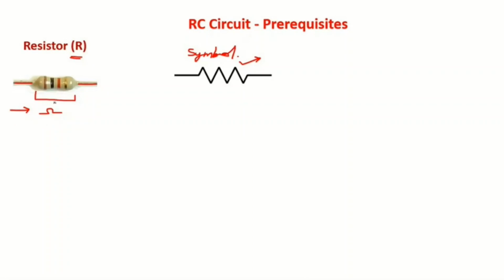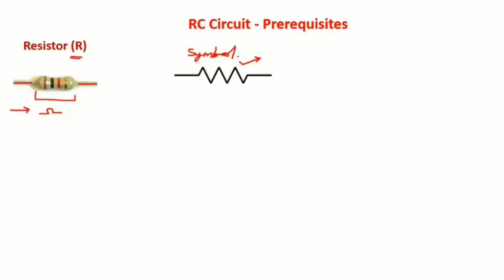And on this particular resistor, no value of the resistance is given; the number is not written on it. To understand the resistance value of a given resistor, we need to understand color coding, the color bands available on this resistor. So we need to extract the value of resistance from the available color bands.